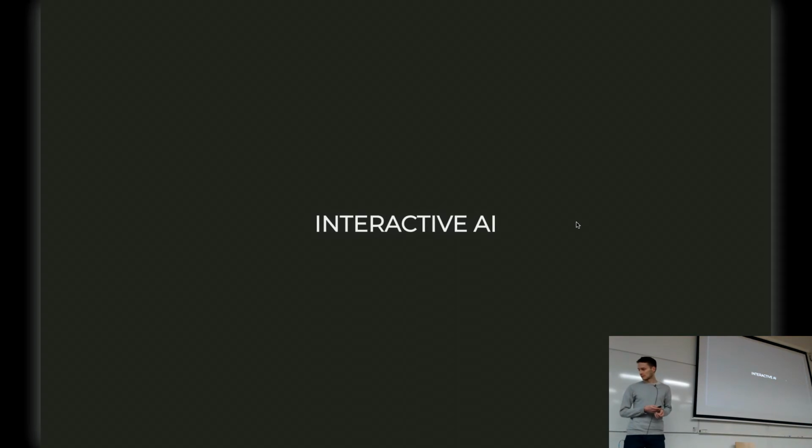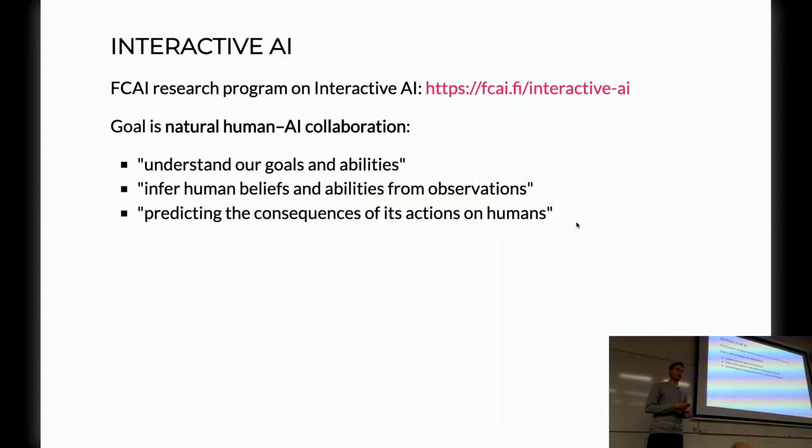So, what do I mean by interactive AI? Well, interactive AI is actually one of FCAI's research programs. I found out by looking at the website. So I took some things that relate to our work from there. So the goal is natural human-AI collaboration.